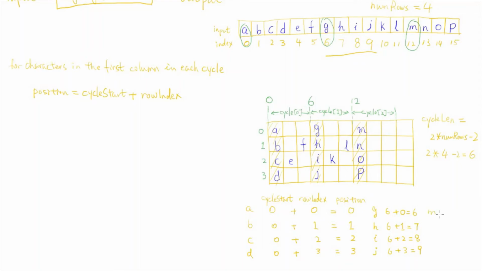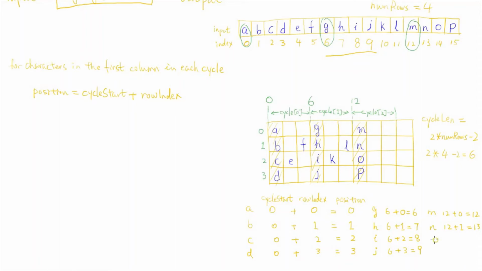Now let's examine the characters in the first column of the third cycle. M, the cycle starts at 12. And M is in the first row of the matrix. So the index of the row is 0. 12 plus 0 is equal to 12. N is 12 plus 1, which gives you 13.